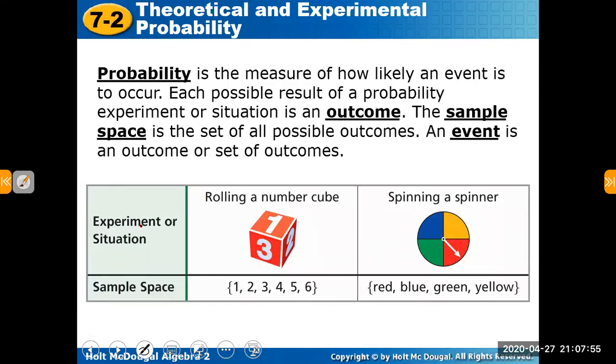So these are our possible outcomes. In the second case, spinning a spinner is the event. The possible outcomes are red, blue, green, and yellow, and all these outcomes together make up the sample space.